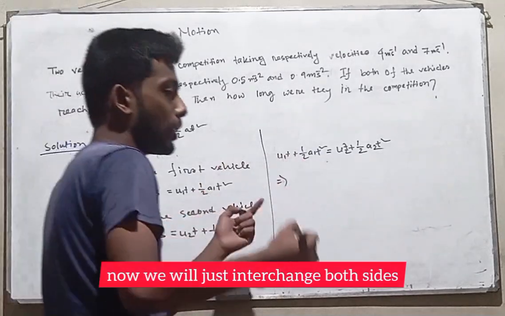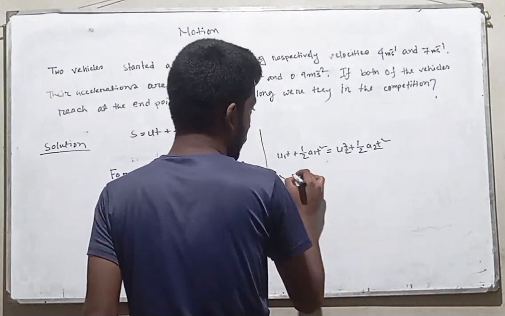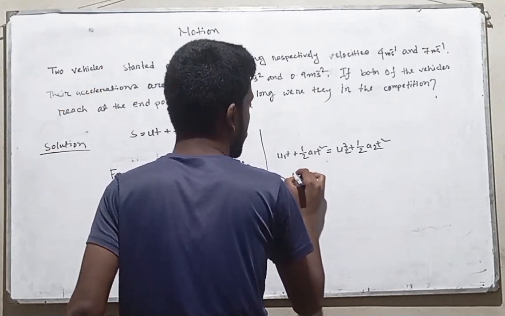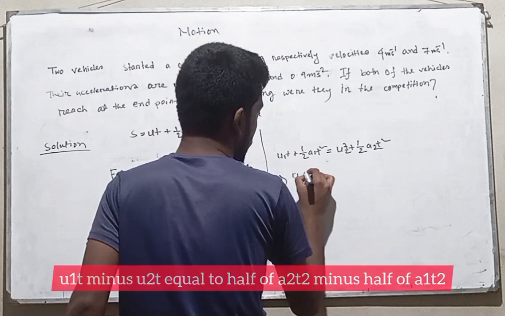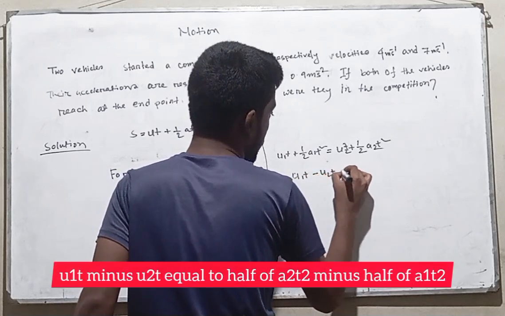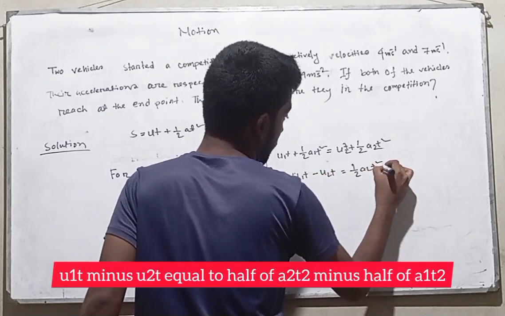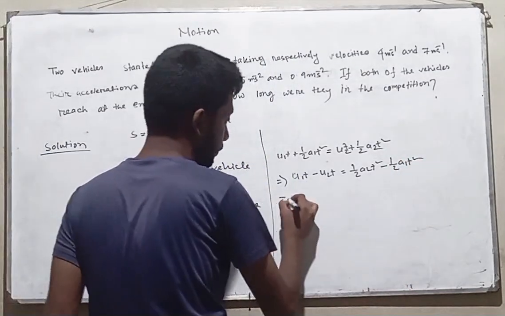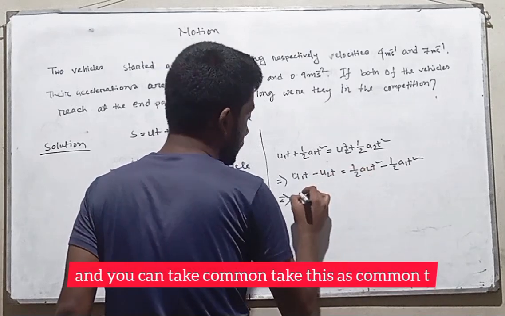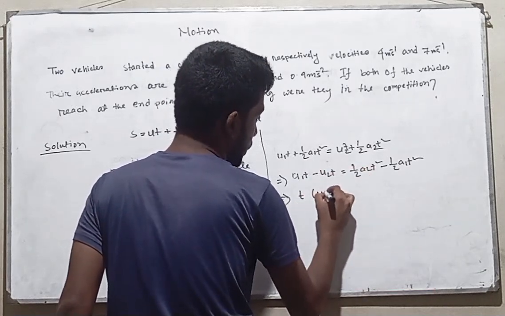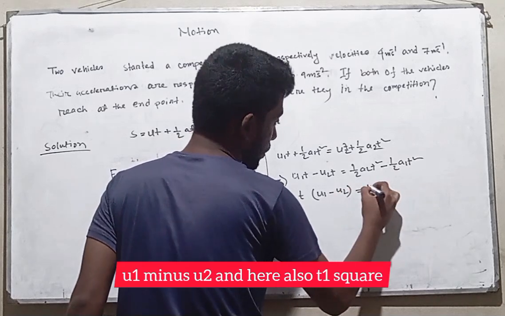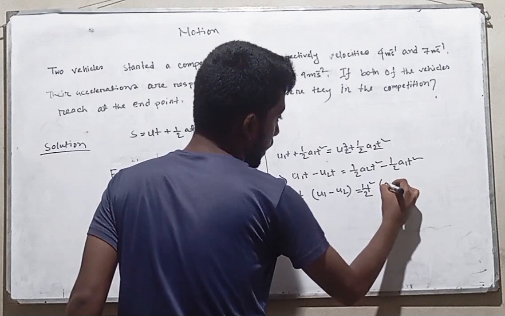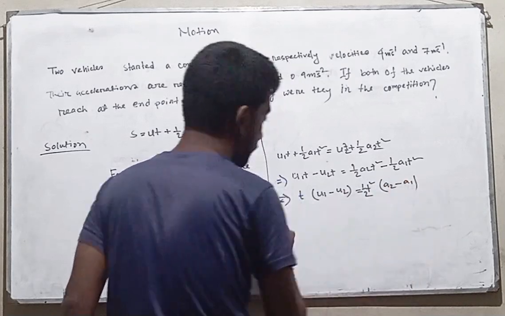Now we will just interchange both sides. So we can write u1t minus u2t equal to half of a2t squared minus half of a1t squared. You can take t as common: t(u1 minus u2), and here also t squared times half of (a2 minus a1).